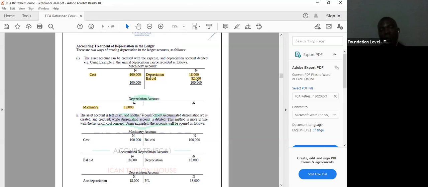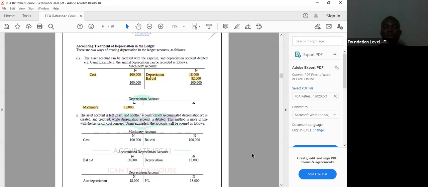And this 82,000 is what we refer to as either the net book value or the carrying amount. It is the balancing figure, the figure that balances both the debit side and the credit side.